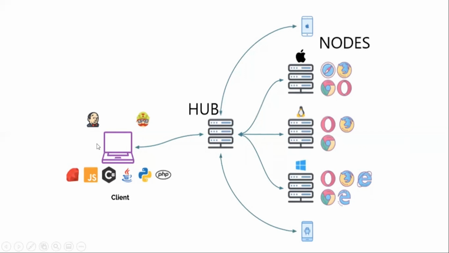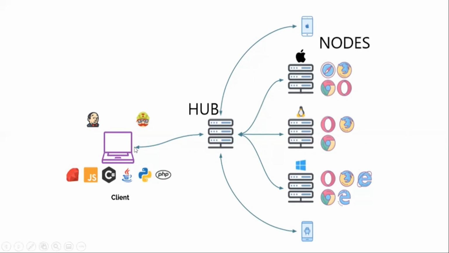Let's say it receives 5 commands to run in parallel; it will identify the nodes where it can run. For example, if the first 3 should run only on Chrome, it can send them to any of these 3 nodes. But if a command should run only on Safari, it will send it only to that node. So it's a smart system which identifies where it can run the code, and accordingly it runs.